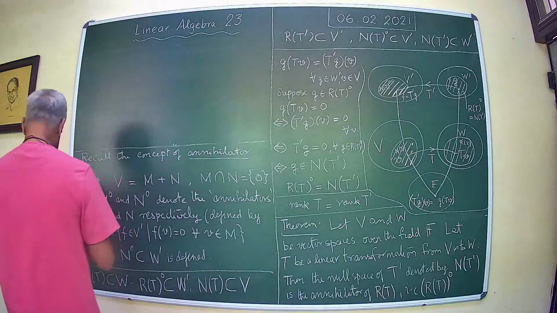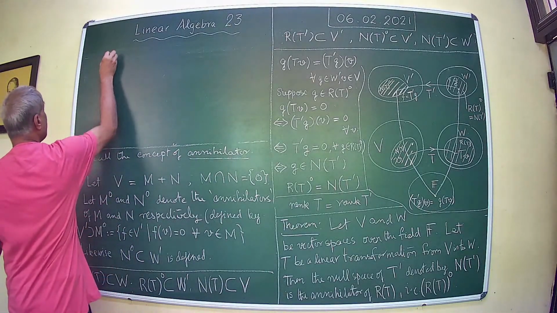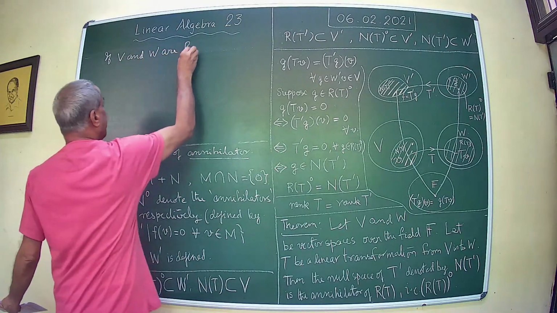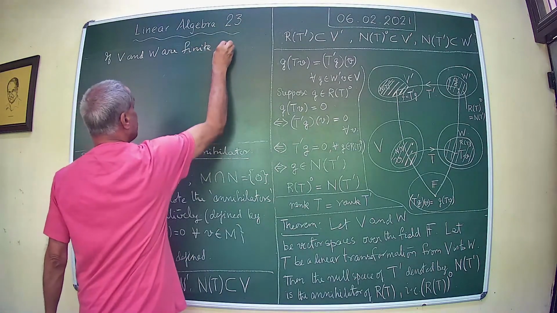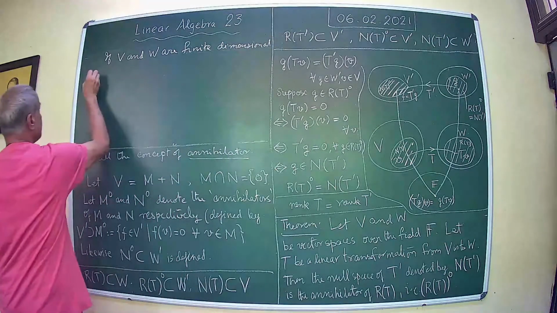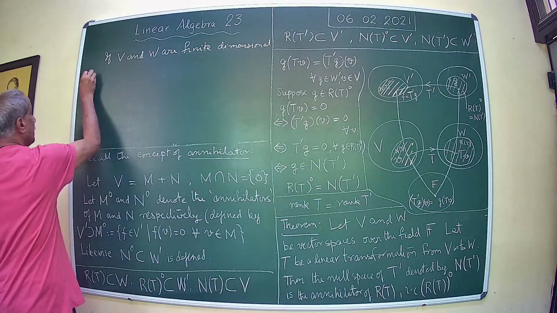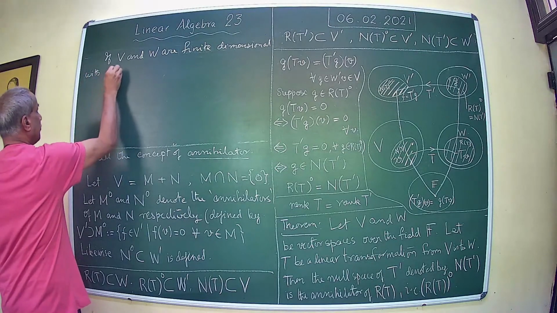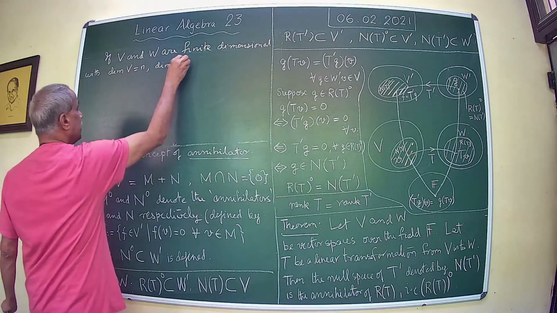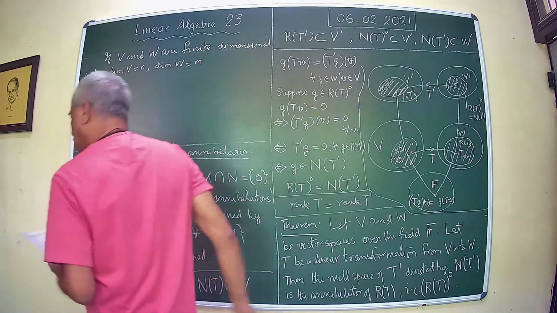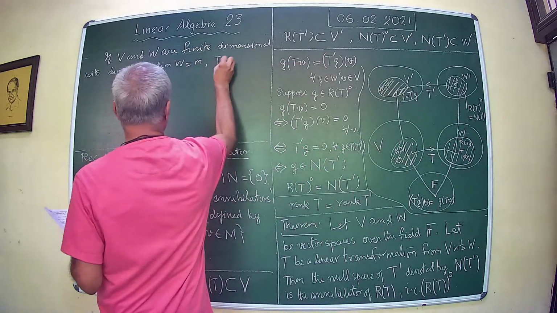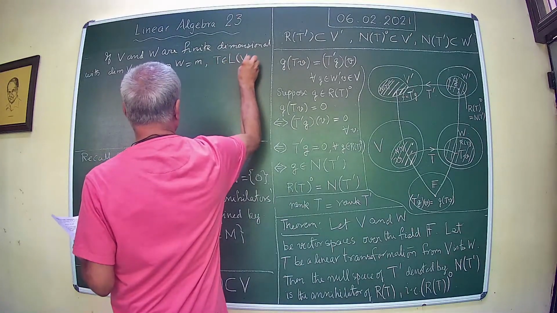But for this part, now we make V and W finite dimensional, with dimension of V equal to n, dimension of W equal to m, and all other things are as given, and T belonging to L(V, W).